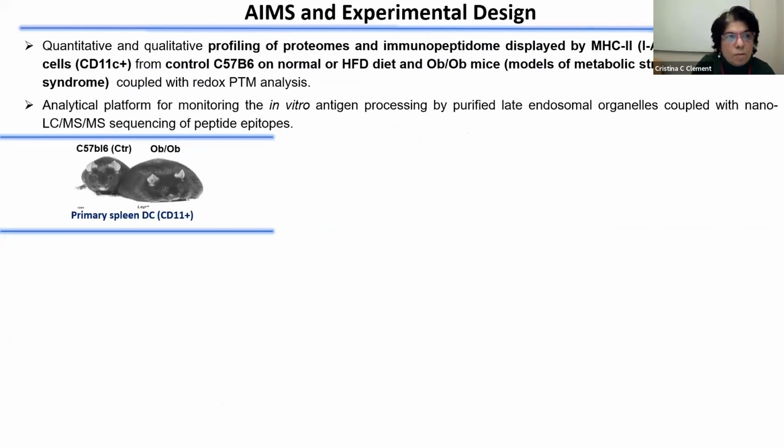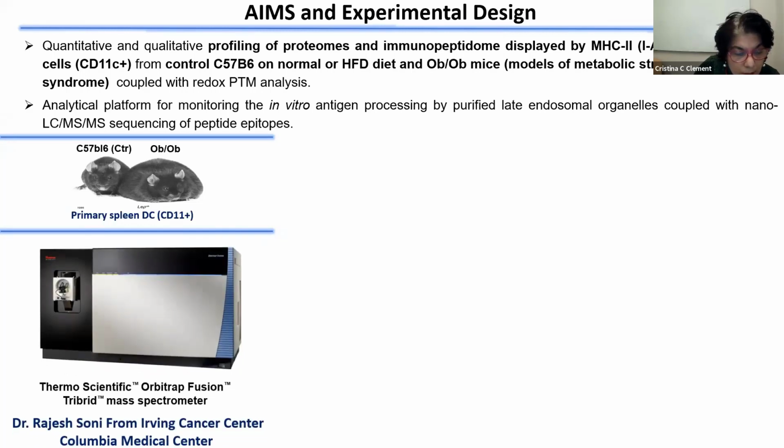So the main aims and experimental design focused first on the proteome and the immunopeptidome, and secondly on antigen processing, which uses a late endosomal organelle purified from control mouse dendritic cells and from the OB or high-fructose, high-fat diet mice.